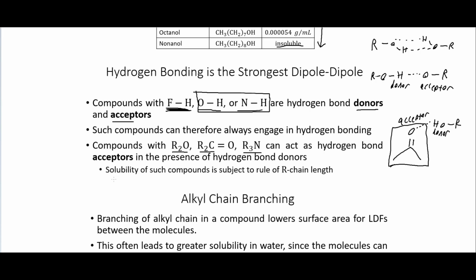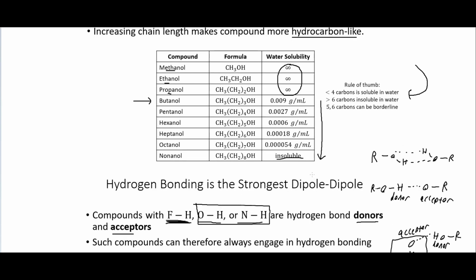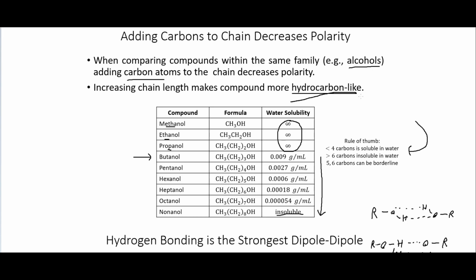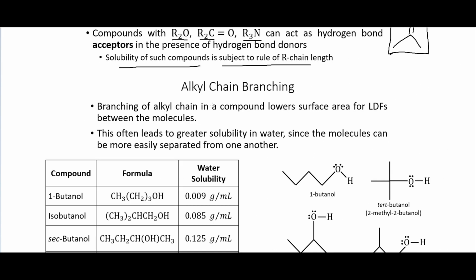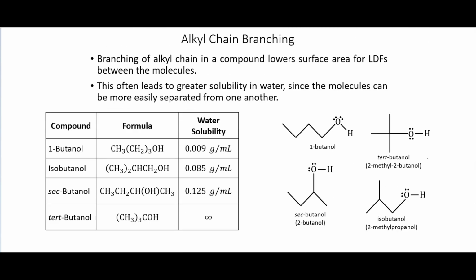So the solubility of these compounds is, again, going to be subject to this hydrocarbon chain rule up here. Then we also want to take alkyl chain branching into account. As I said earlier, that hydrocarbon chain length rule of less than 4 applies only to the linear chains. Once we start having branching, we get different solubility behavior.